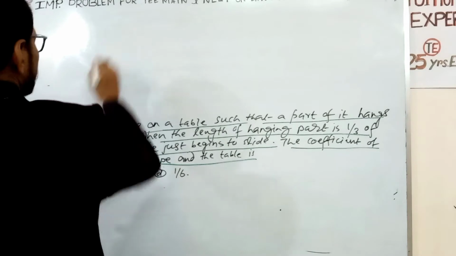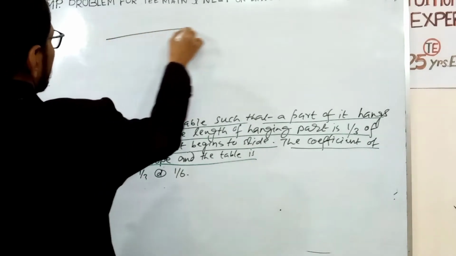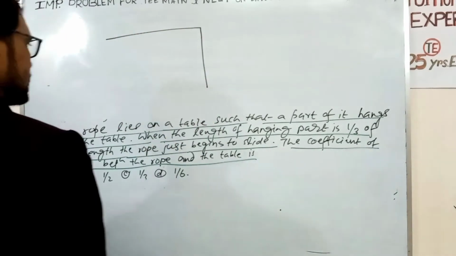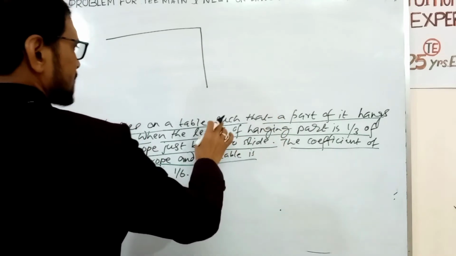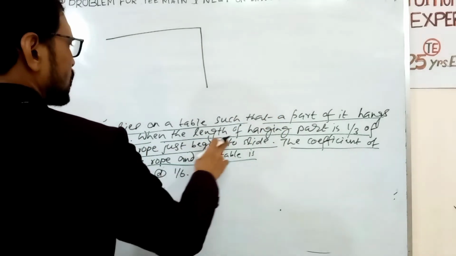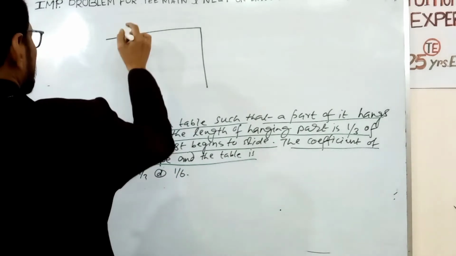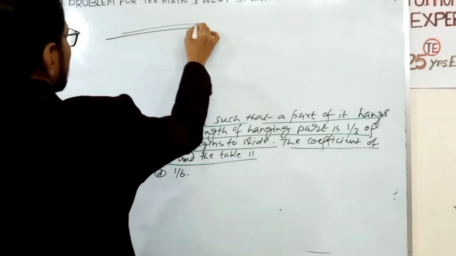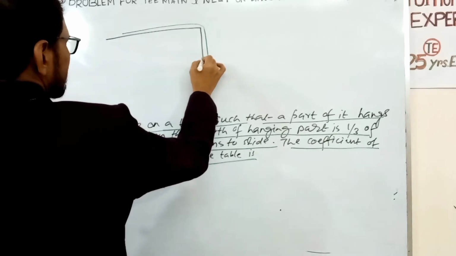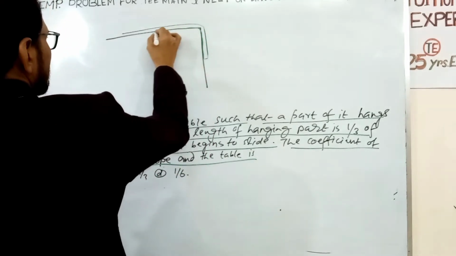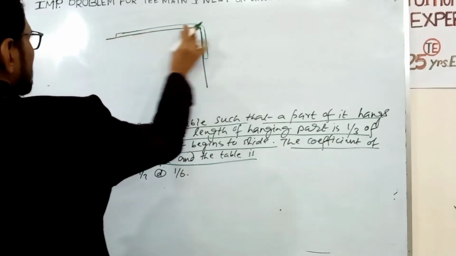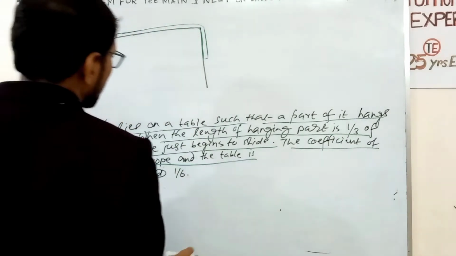So this is a table, and a rope lies such that a part of it hangs down. Suppose this part is 1/3 of the total length.